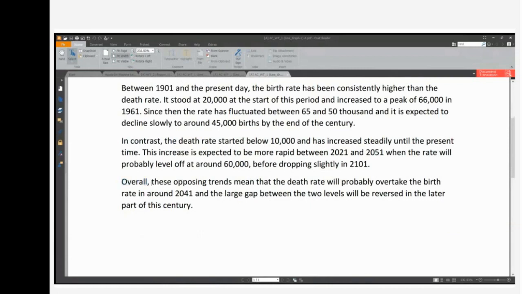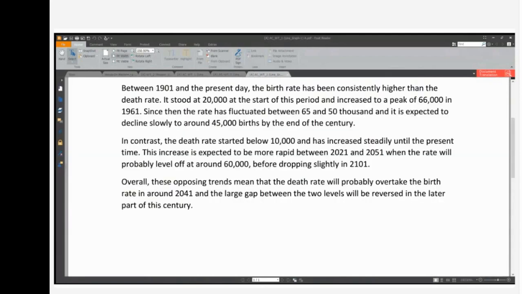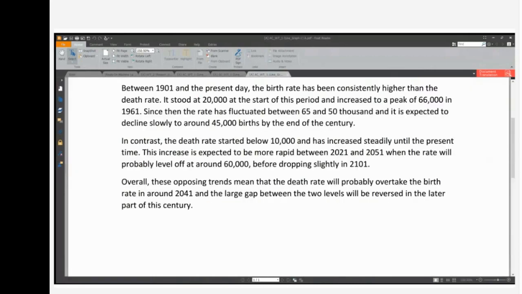So you're saying these opposing trends mean that the death rate will probably overtake the birth rate in around 2041, as we have seen here and planned. And the large gap between the two levels will be reversed in the later part of the century. So we have already planned that one also. That's it.